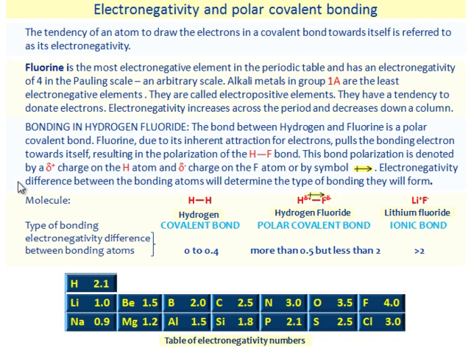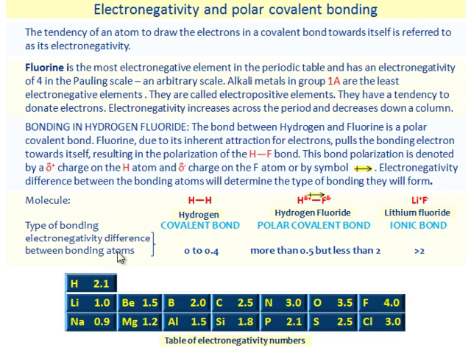Electronegativity difference between the bonding atoms will determine the type of bonding they will form. If the electronegativity difference between the bonding atoms is 0 to 0.4, it will form a covalent bond as in a hydrogen molecule.